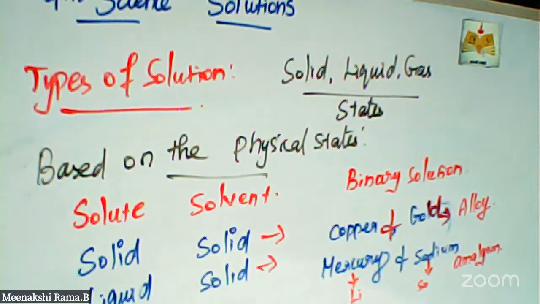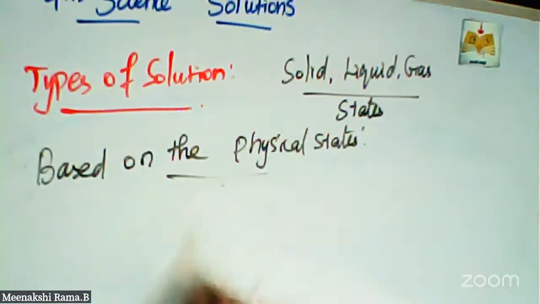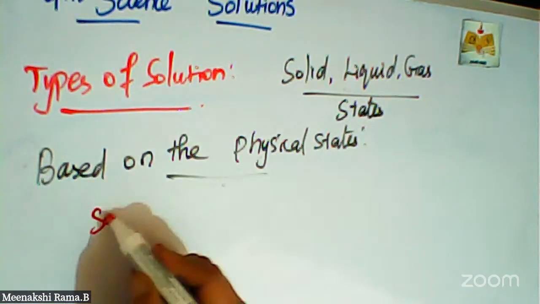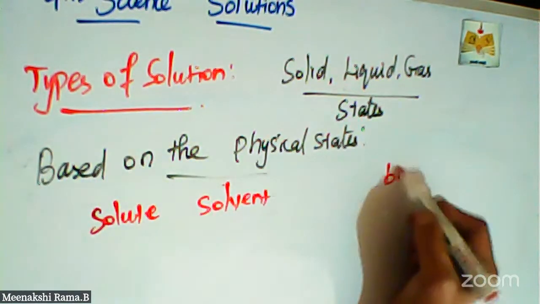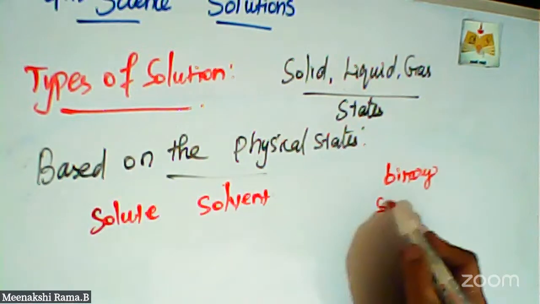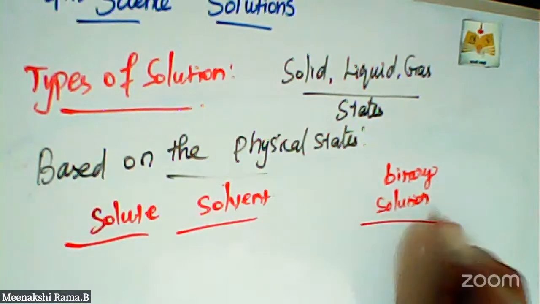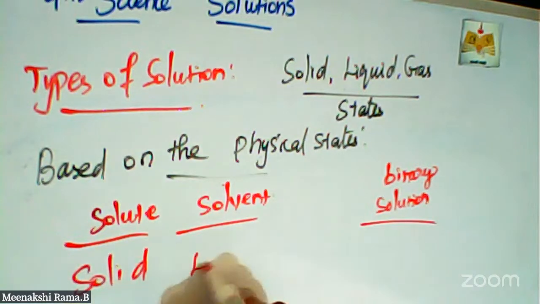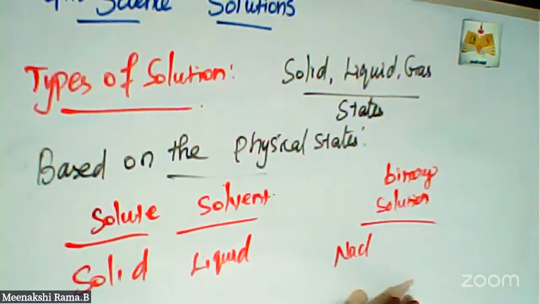And then next one is liquid. First one was solid state, next one is liquid. Solute, solvent. What is the binary solution? So this is the heading. What is the solute? First one, solid and liquid. Example of solid is sodium chloride, NaCl, normal salt.